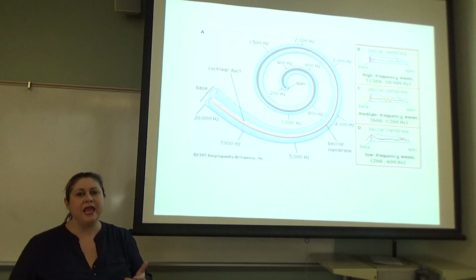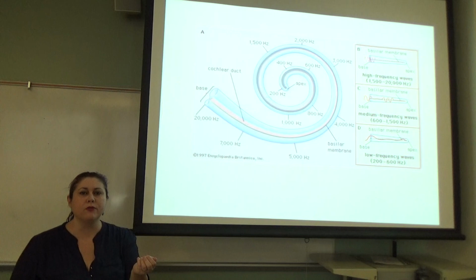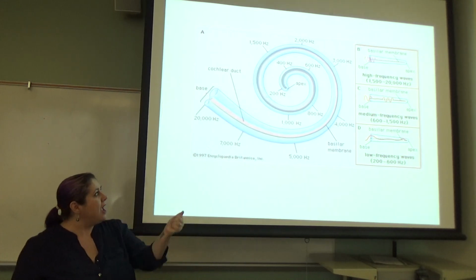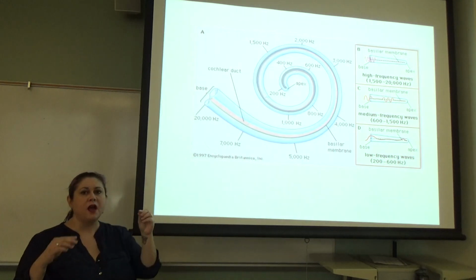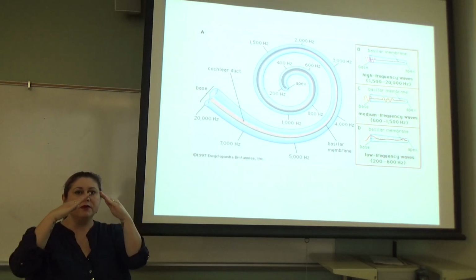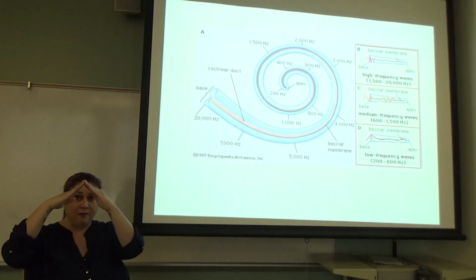But what it can do is create a cell that is affected by those higher frequencies, a cell that responds to high frequencies. And the way that it responds is that the high frequency sound makes a peak in your basilar membrane.